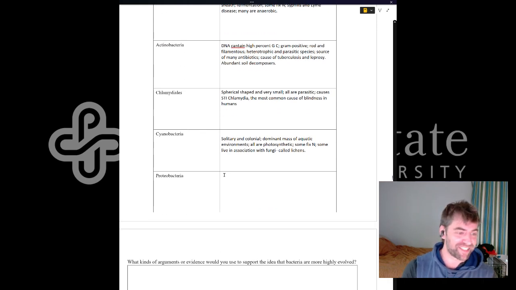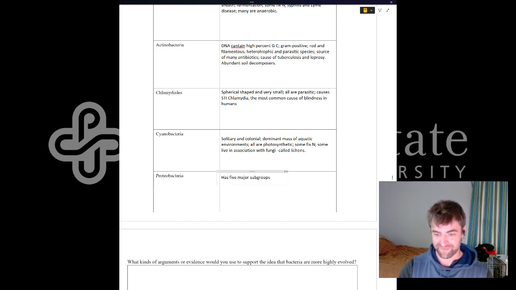All right, proteobacteria has 5 major subgroups. These can be rod, sphere, or spiral shaped. They have wide metabolic diversity.